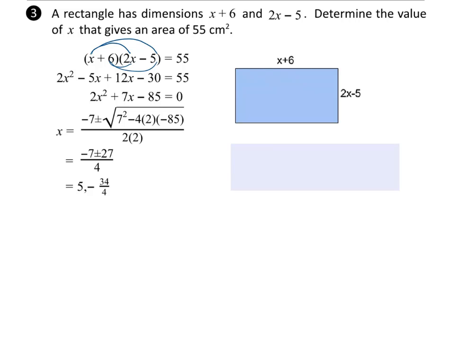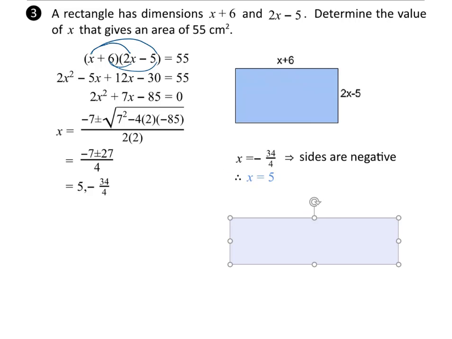And the only length that really makes sense is 5, because negative 34 over 4 will give us a negative length here, so that doesn't work. So x is going to have to equal 5. Sides can't be negative, so therefore x is equal to 5. So there was only one possible solution in a real-life application of this example.